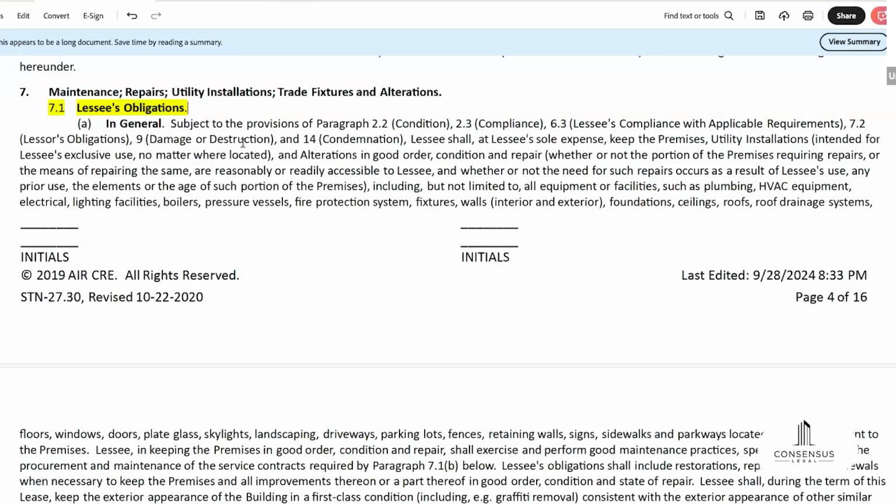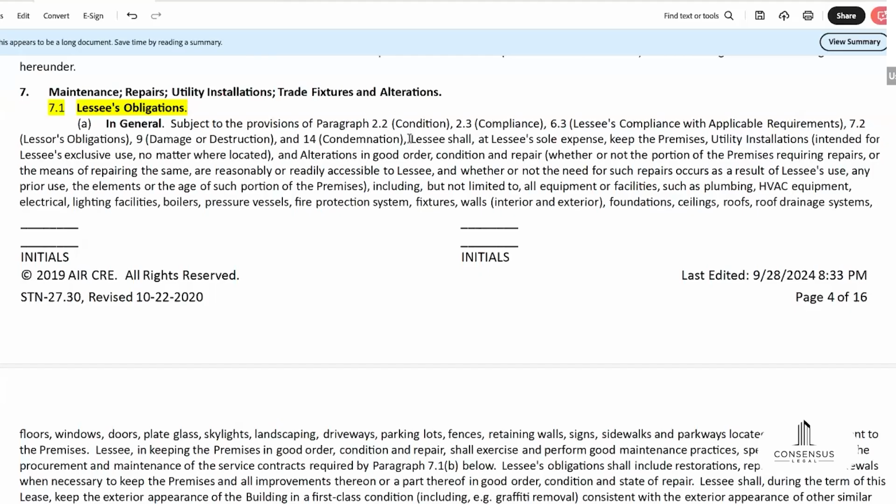In general, as you may suspect, lessee's obligations are basically everything else. So we described lessor's obligations to repair and maintain. We talked about lessor's replacement obligation, lessee's obligations for repair, maintenance, replacement is everything else, basically.